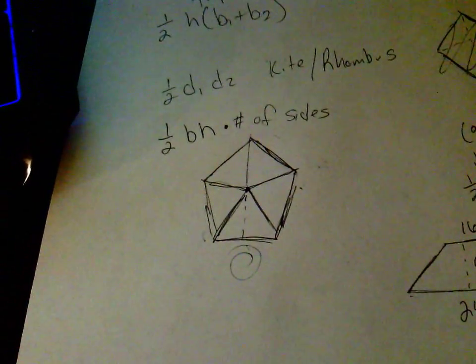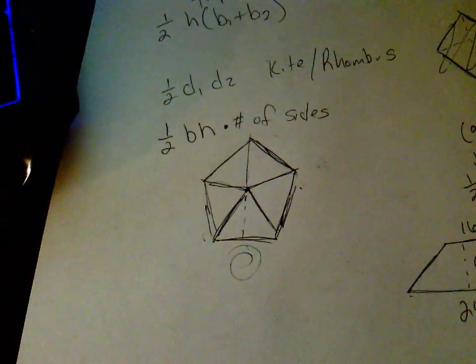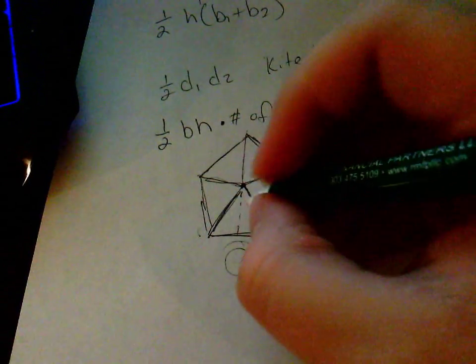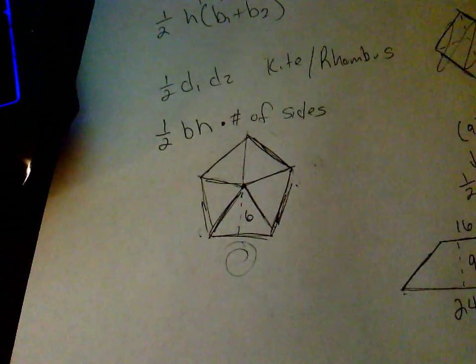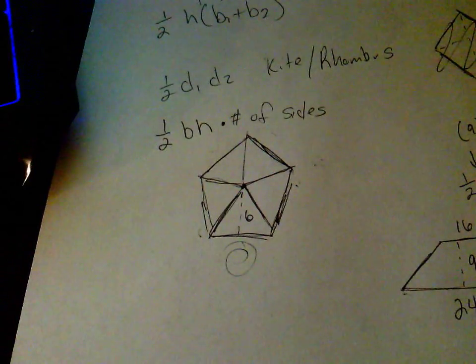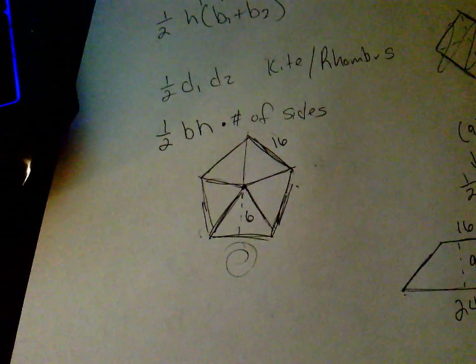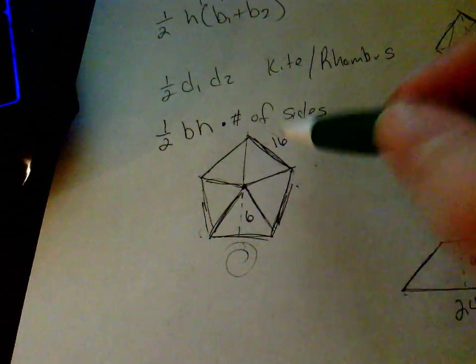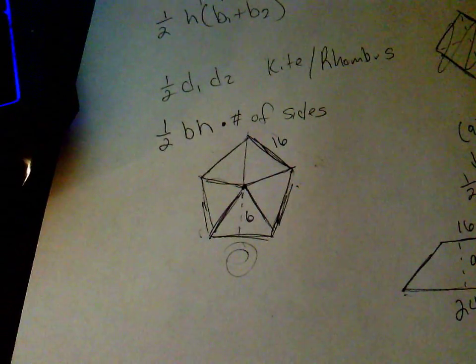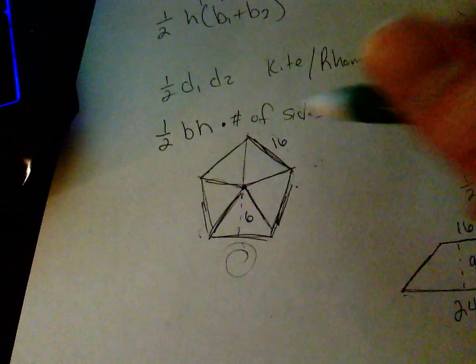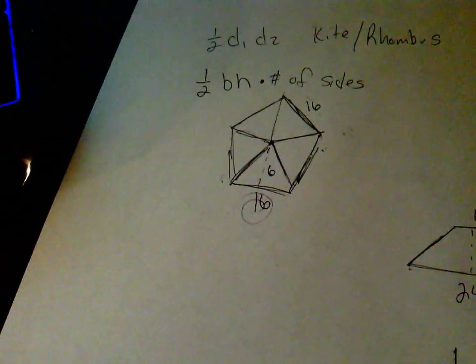Our last little bit is down here, back to the regular polygon. What you'll see is you'll see a little dotted line. You won't have these little lines here, except for the dotted line with a number like, I don't know, 6. And then you'll have 16 here. Okay? So I have 6 and 16. This 16 actually represents all the sides, so this is technically 16 too.